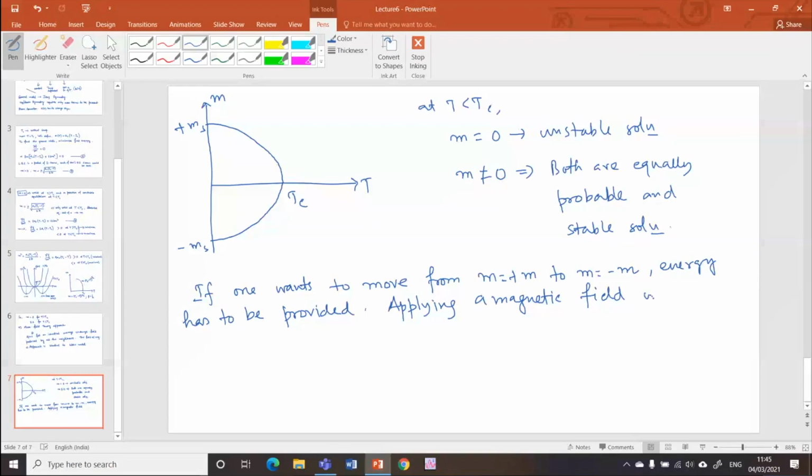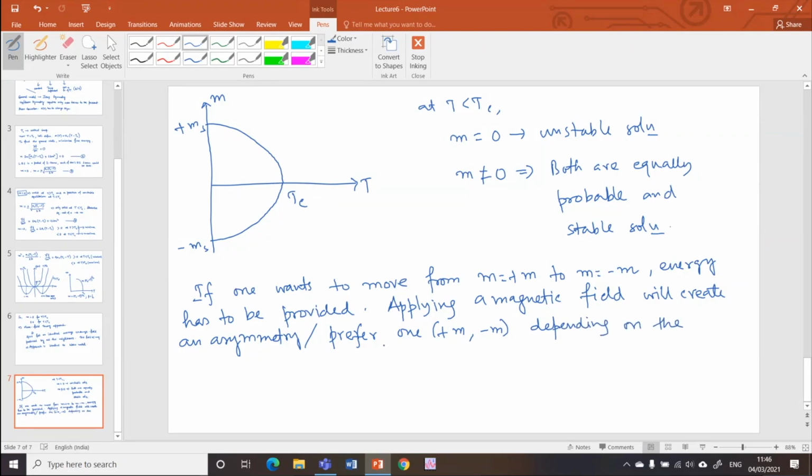Applying a magnetic field will create an asymmetry, or let's say it will prefer either plus m or minus m, depending on the direction of the field.